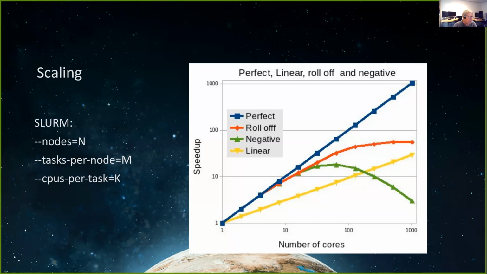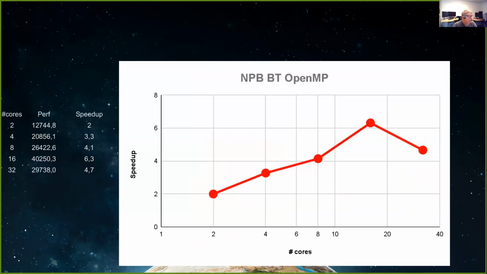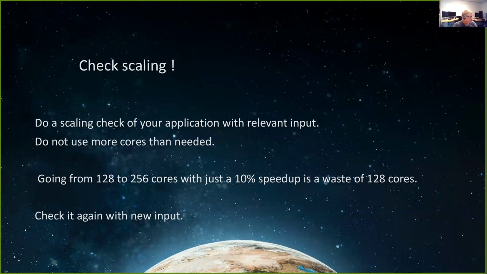So please do a scaling test like this one. See, if you are on the right-hand side running at 32 cores, it actually goes slower than with 16. You could very well be in that situation. So please do a scaling test. It cannot be stressed enough.